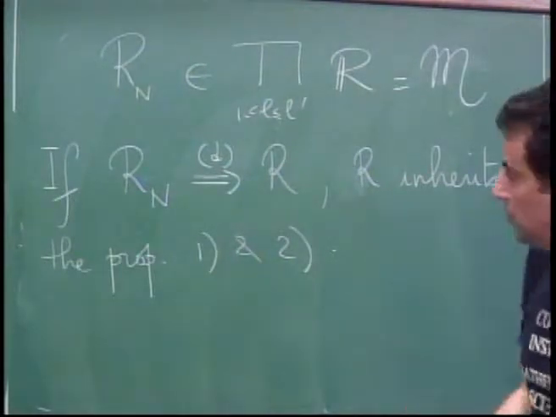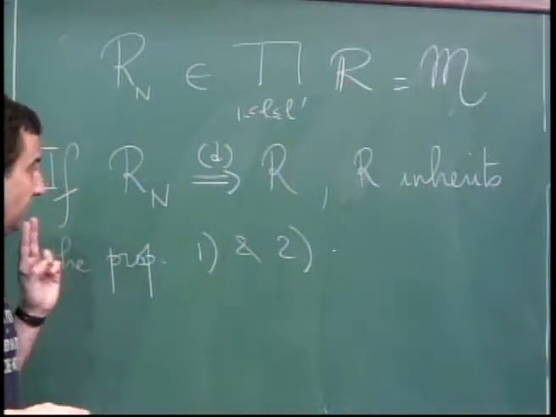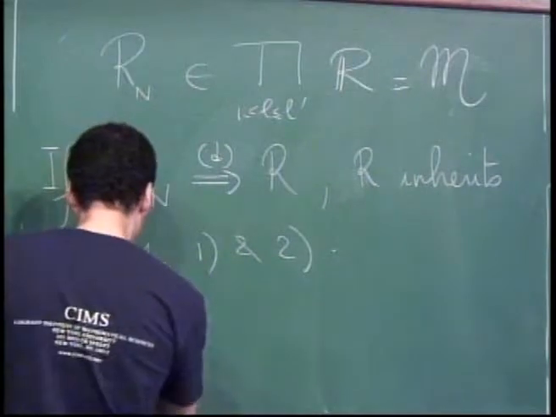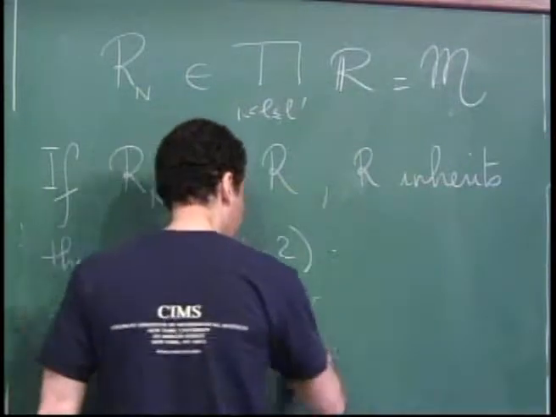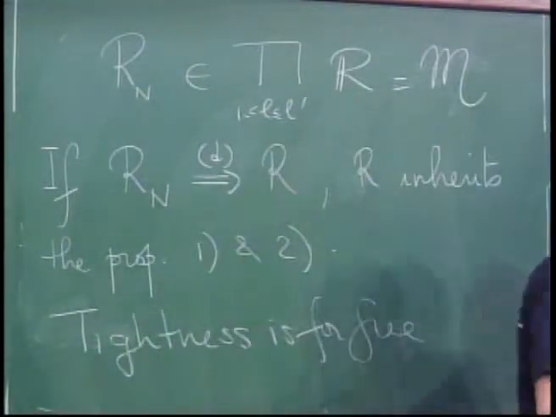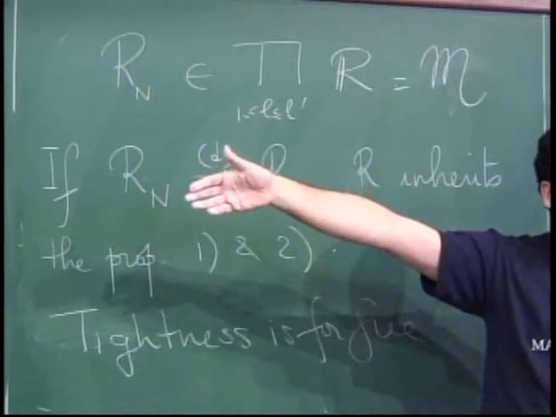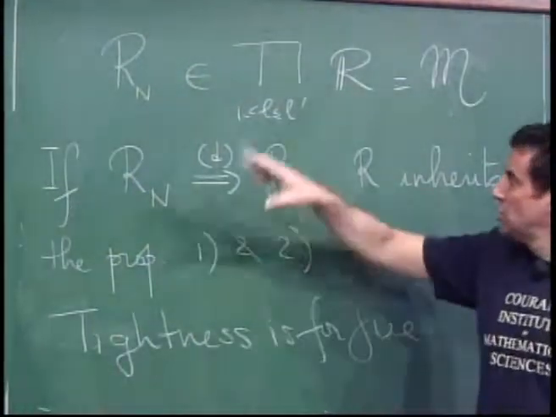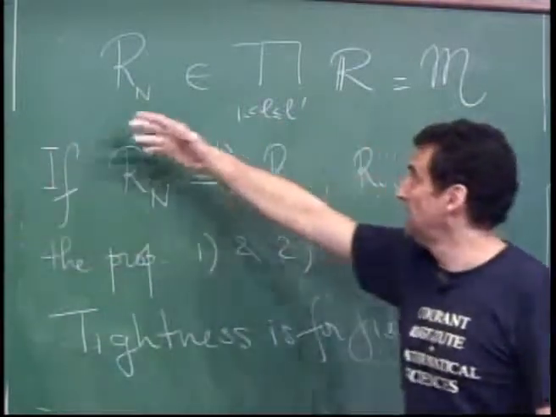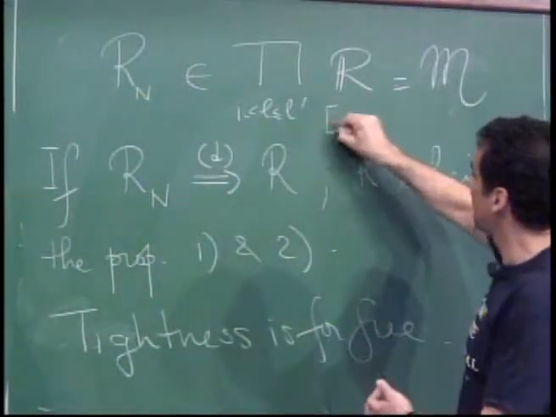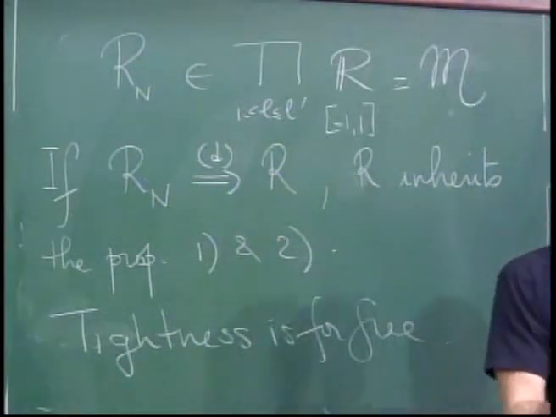So, but why would that converge? There's a very good reason for that. Compactness is trivial here, or tightness if you want. It's for free. Right? Because remember that the overlaps are all between -1 and 1. So they are bounded. So it has properties 1 and 2, but also, in fact, I could put [-1, 1] instead of R. So this is a compact space.